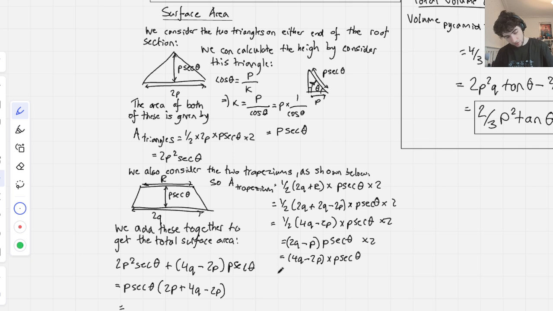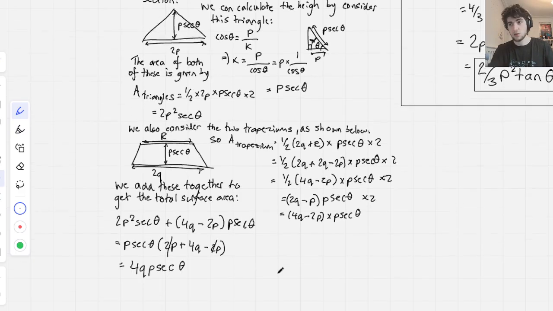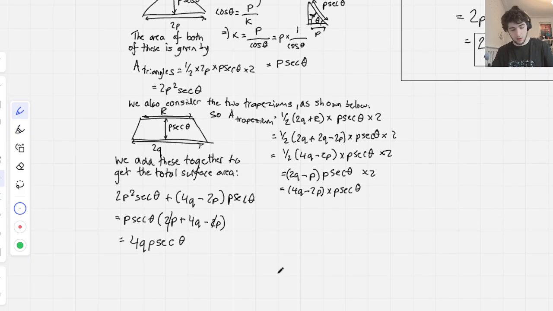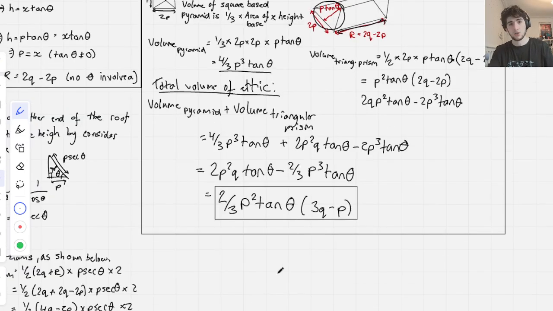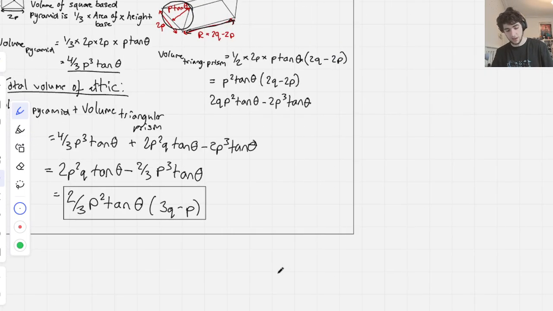And so these two p's cancel out, so we get 4qp sec theta as the total surface area of the roof. And the other expression that we had before, above here, that's the total volume of the attic.